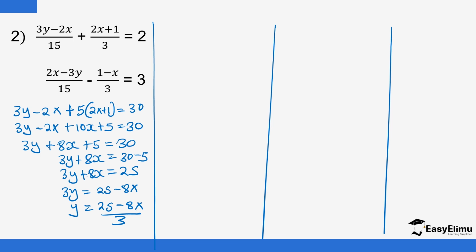Now, try to simplify equation 2 and then substitute y for 25 minus 8x over 3. So let me simplify. Simplifying equation 2, I'll multiply all through by 15 as well.